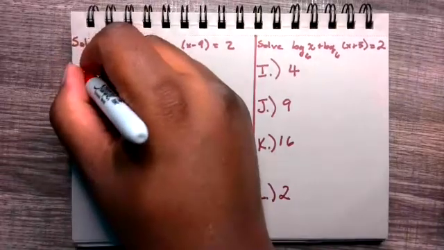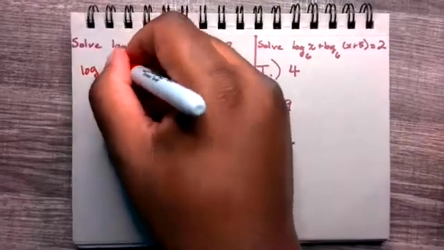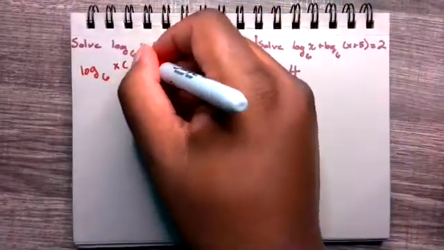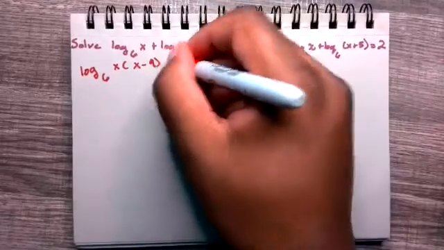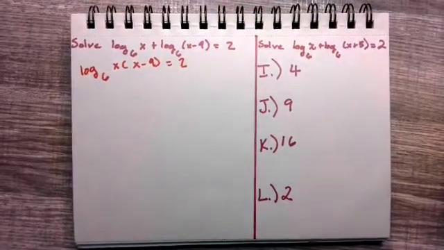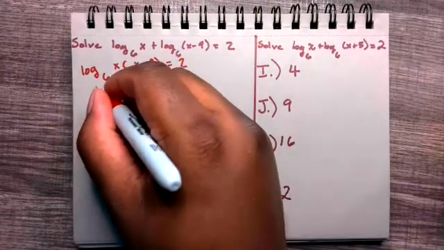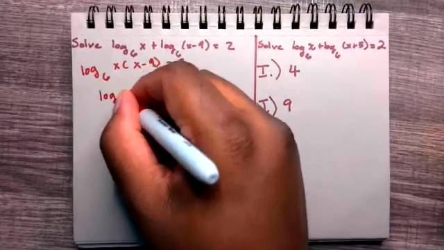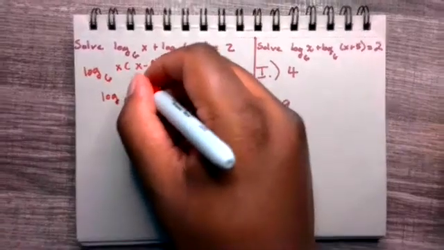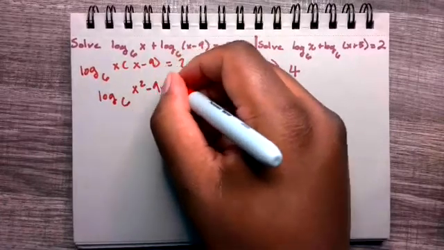So this is really just log base 6 of x times x minus 9 equals 2. Now from that, we can multiply this x out on the inside here, which gives us log base 6 of x squared minus 9x equals 2.